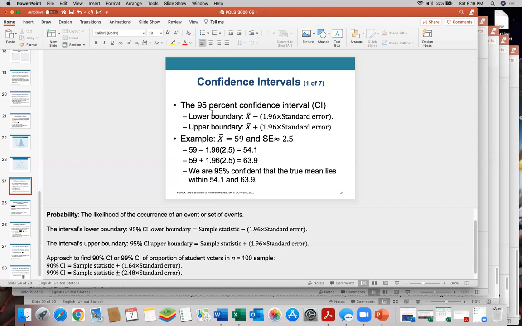And so you're going to have to plug it in and do the X bar minus 1.96 times the standard error to get your lower boundary, X bar plus 1.96 times the standard error for your upper boundary. And then write out this sentence: we are 95% confident that the true mean lies between 54.1 and 63.9. I'm pretty sure that this will be one of the questions on the test. So just remember the 1.96.